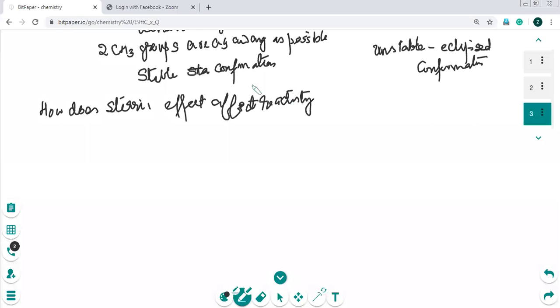I'll give an example of a chemical reaction. If you take this compound, you must be knowing this compound.